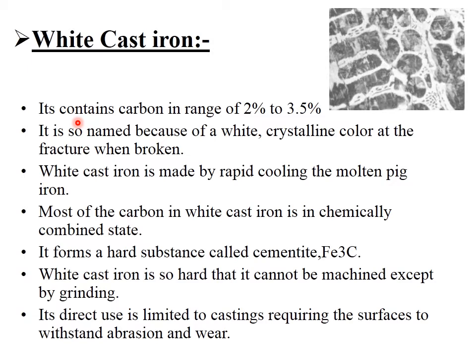The second type of cast iron is white cast iron. White cast iron contains 2 to 3.5% of carbon. As the name suggests, if you see the microstructure, most of the surface is white. Or if you break this cast iron into two pieces, the fractured surface will appear white in color.